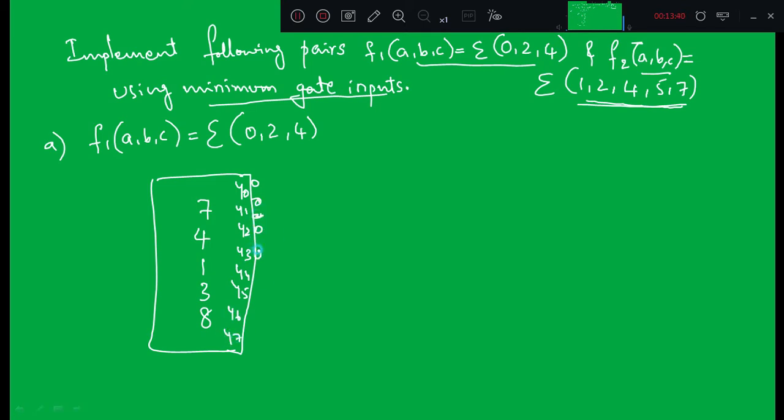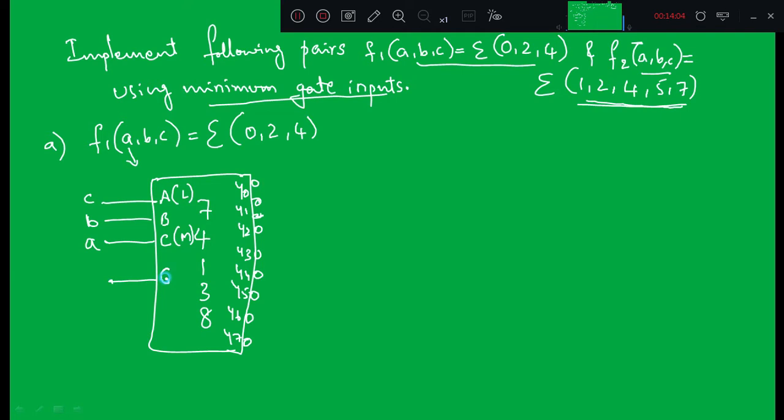Next, capital A is LSB, B, and capital C is MSB. So here MSB small a is connected to capital C, LSB small c is connected to capital A, and the remaining input is connected to B.